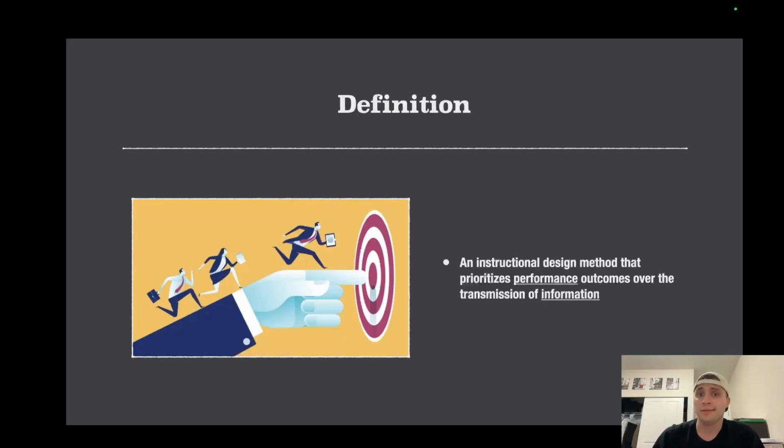We'll talk about this in a later slide, but this is coming directly from Devlin Peck and from Kathy Moore. They both contend that traditional instructional design models more so focus on the transmission of information, and information overload is a very frequent discrepancy that arises from this.